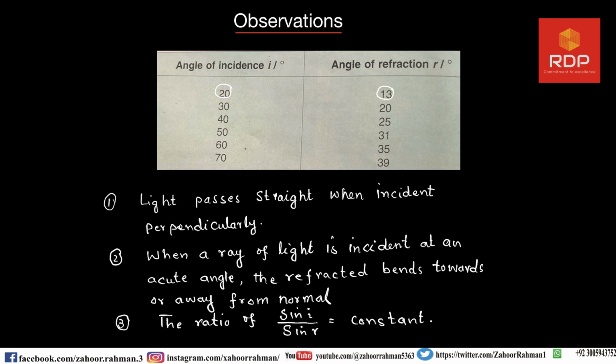You can see in the first observation that the angle of incidence is greater than the angle of refraction, which is quite visible. The second is when the incident angle is 30, the refracted angle is 20, and in this way we can summarize all this information in the form of a table.